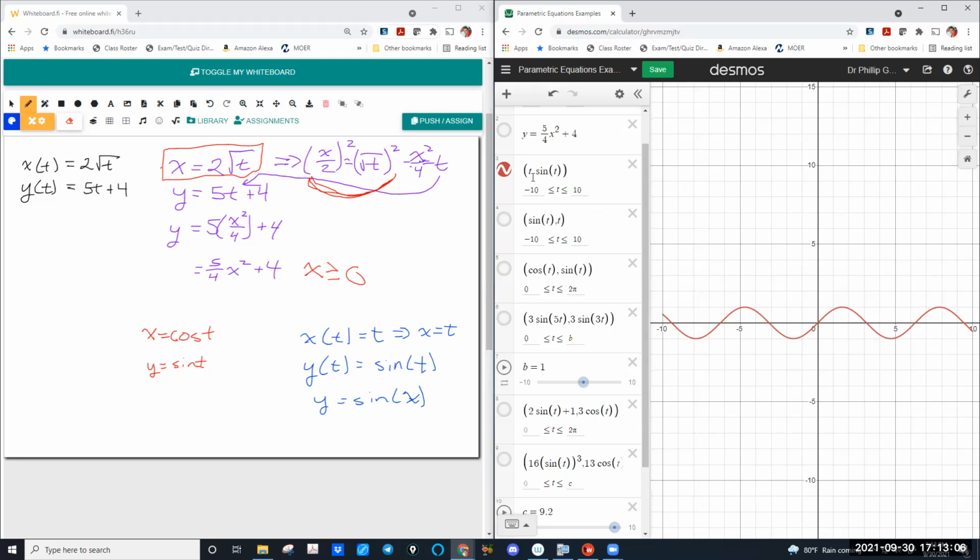But because I've done my parametric equations this way, all I have to do to find the inverse is swap the x and the y. Then that blue graph is the graph of the inverse of the red graph. So defining a function as parametric equations makes finding the inverse very easy, because all you have to do is switch your x of t and your y of t. Very cool little trick that will pretty much always work.